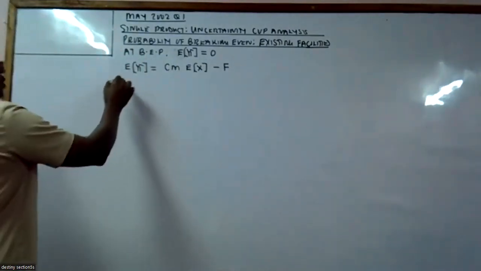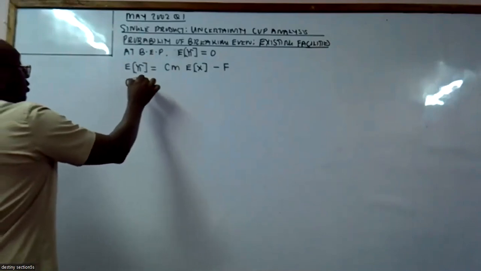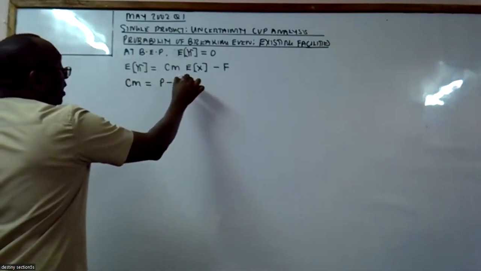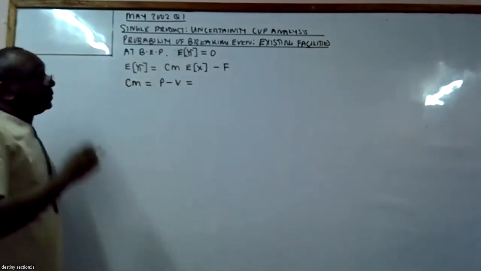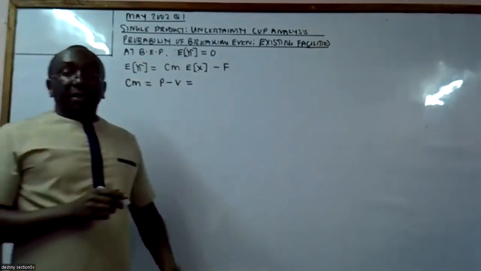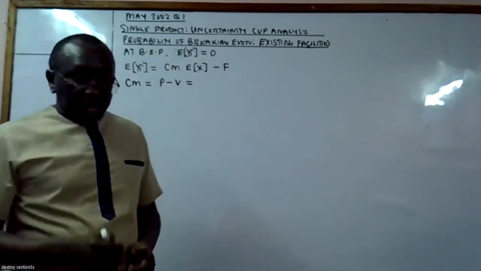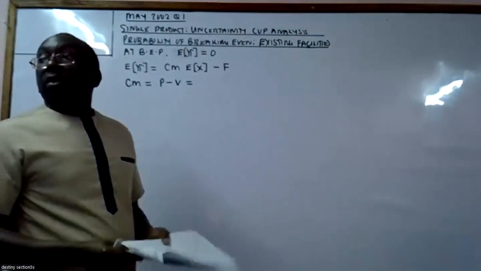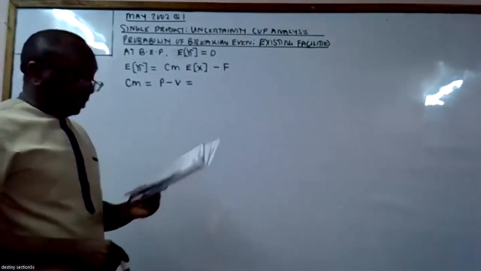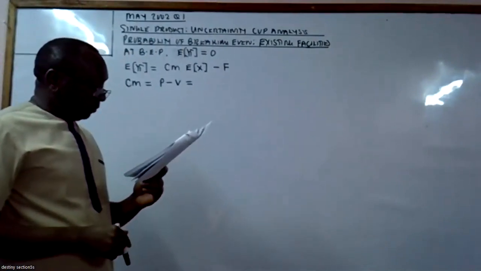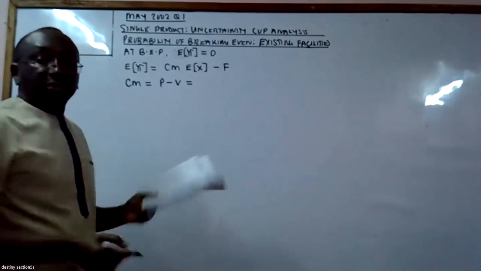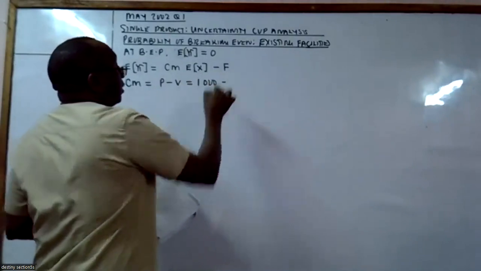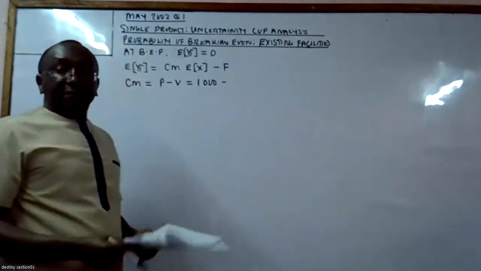So how do we get contribution margin? Contribution margin, we have said, is the selling price minus variable cost. So we are told that this book will sell for 1,000 per copy. Then we minus the variable cost.